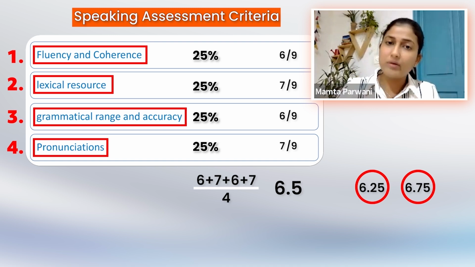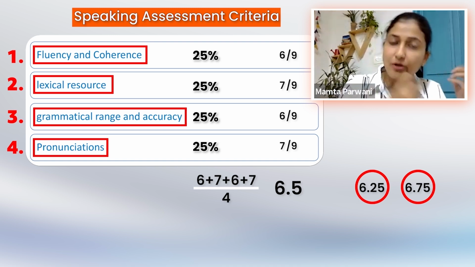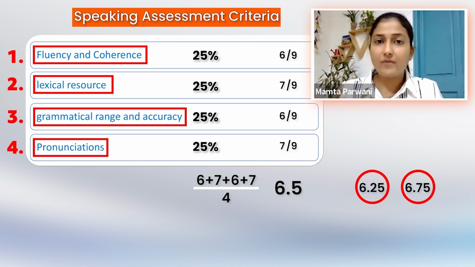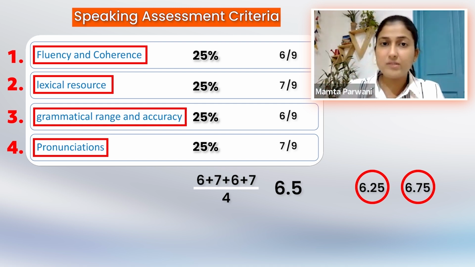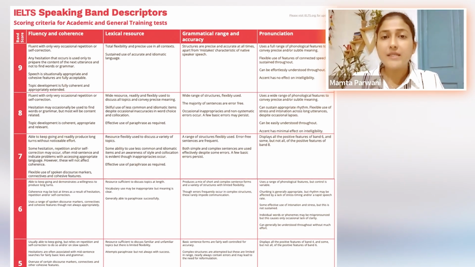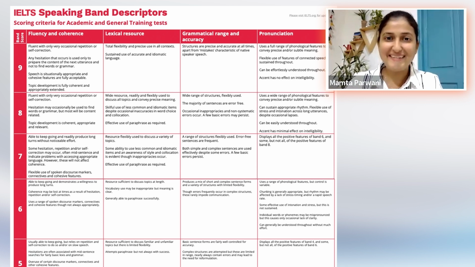So any examiner, be it from Europe, Australia, the USA, India, anyone who is judging your answer will have these set descriptions based on which you will get your band score. See, why is this the case? Because it is an international exam, right?